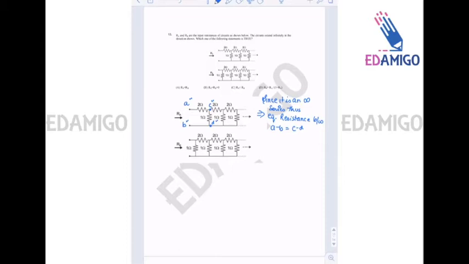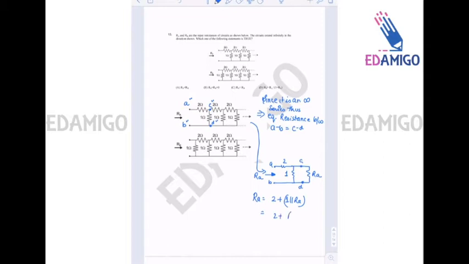Okay, so this can be redrawn as CD. Now since the equivalent resistance between CD is RA itself, I will draw RA. This is 1, and again the equivalent looking through the AB terminal is RA. So from here I can say that RA is equal to 2 plus 1 parallel RA.